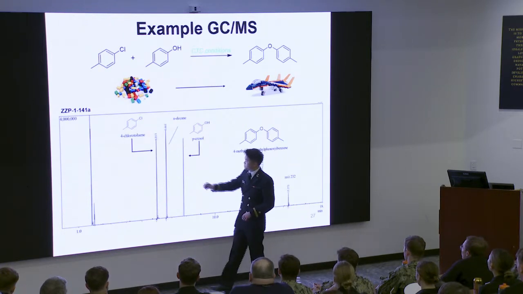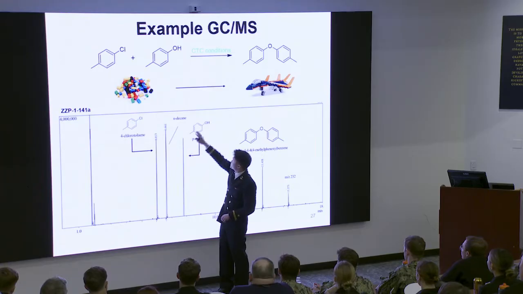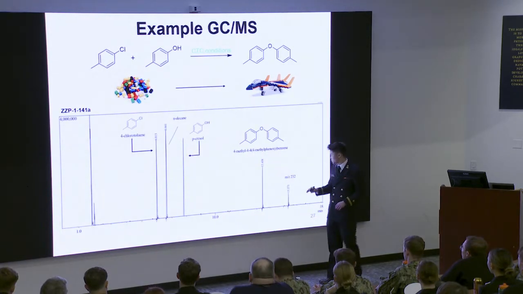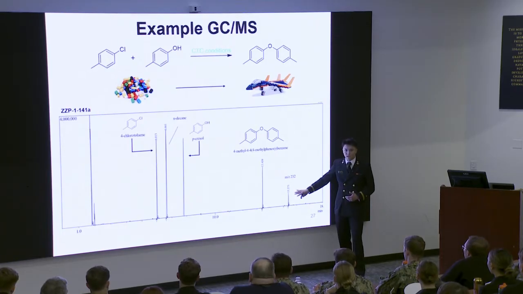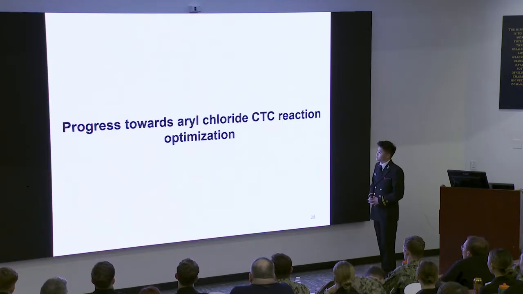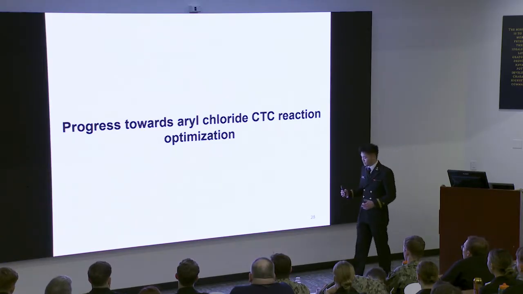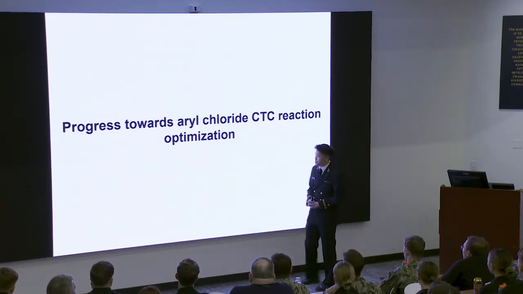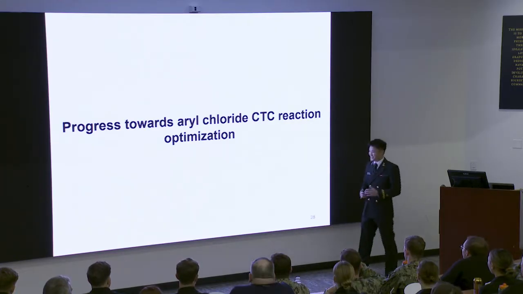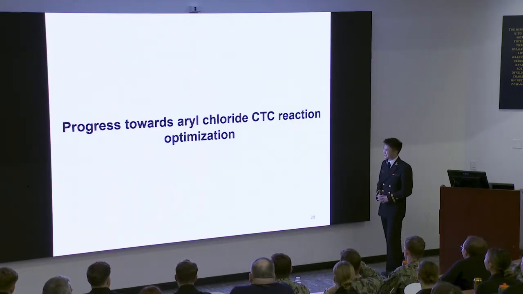As you can see from these peaks, we're able to identify our starting materials, the final product that we're trying to make, as well as any possible side product formation shown by this peak right here. So we used this reaction optimization procedure to run over 150 successful chemical reactions. That's a lot of reactions, just for the record.